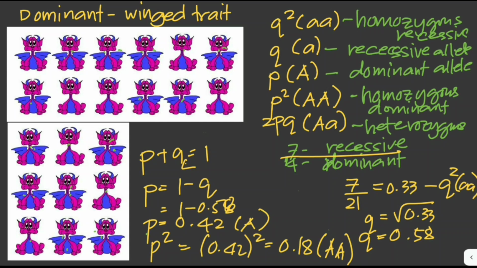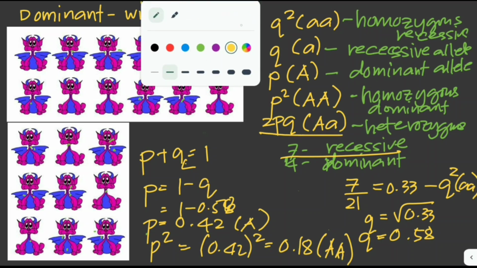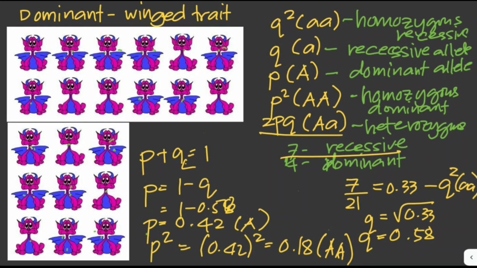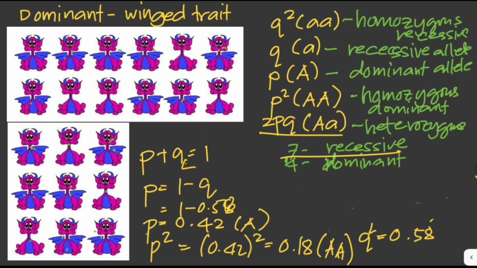And now we can solve for the number of heterozygotes, which is 2pq. Okay, let's solve that. So 2pq is just equal to 2 times 0.42 times 0.58.